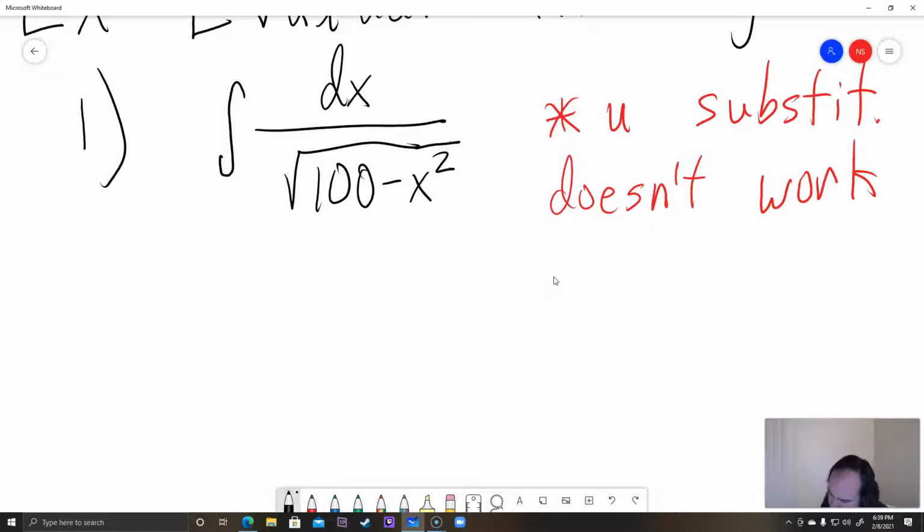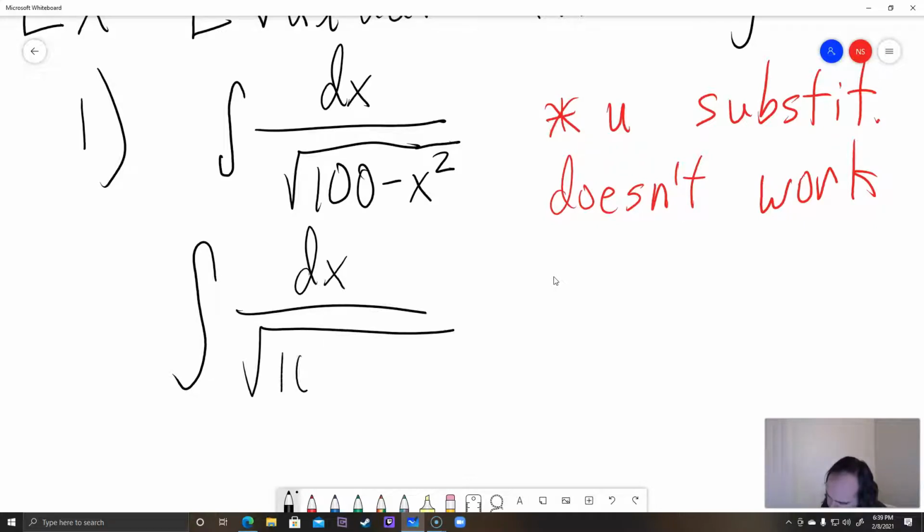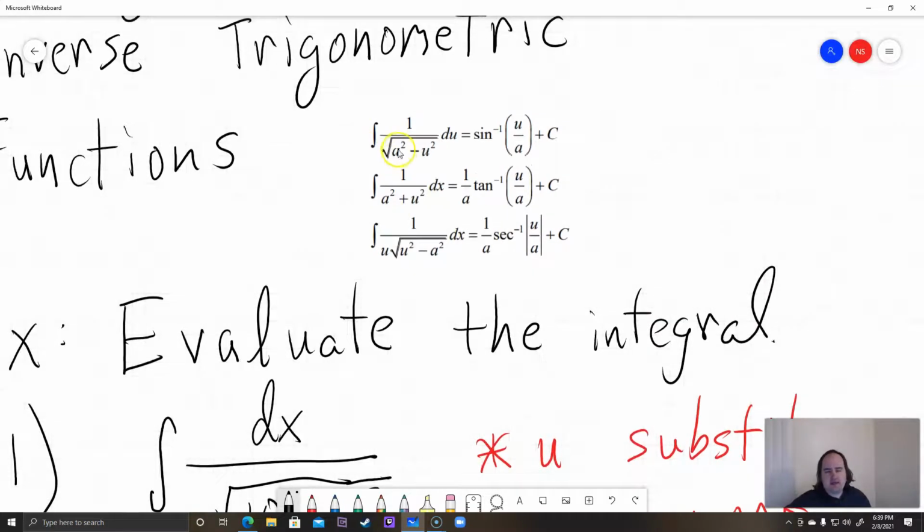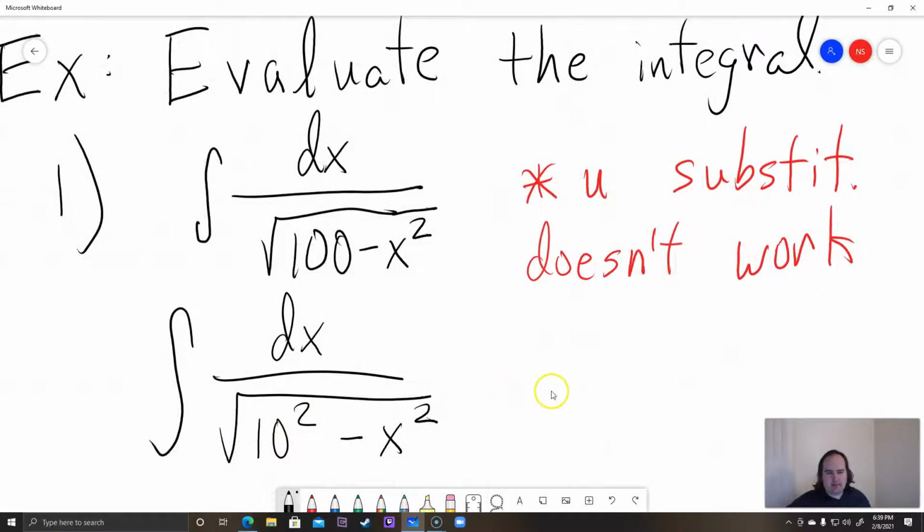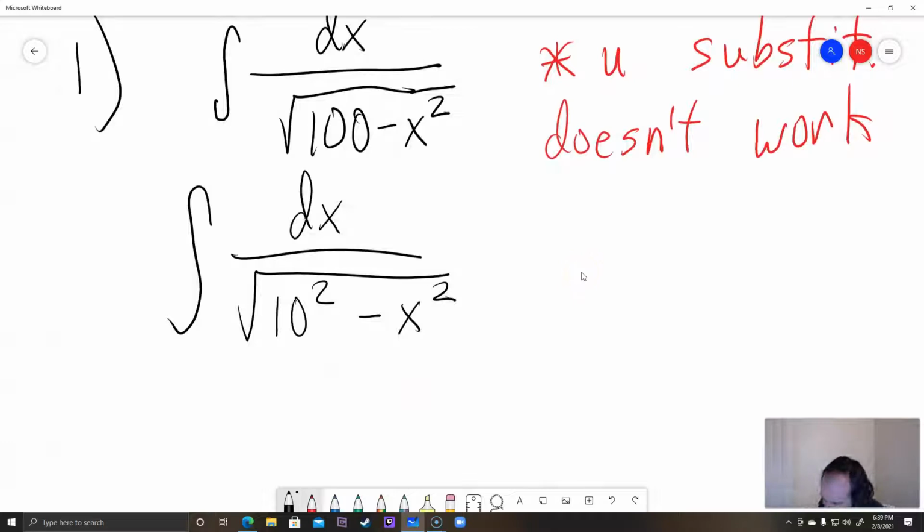If we rewrite this in the form integral of dx over the square root of 10 squared minus x squared, then if we look at this formula, we can see that our a is actually going to be 10, and our u, in this particular problem, is just x.